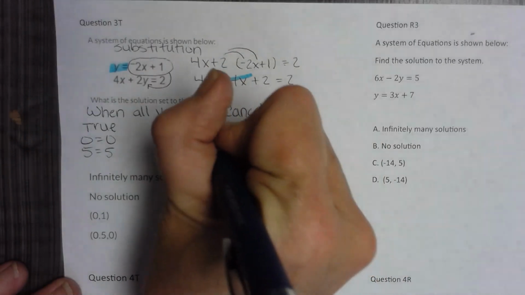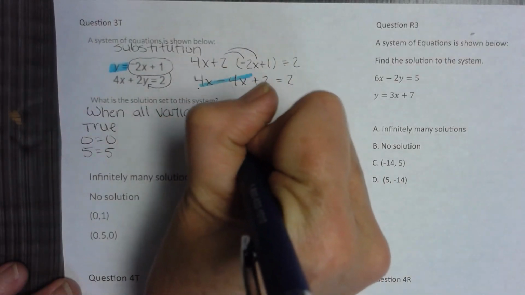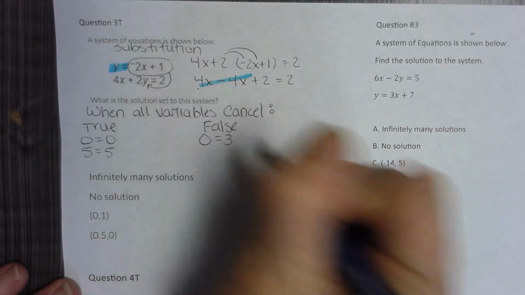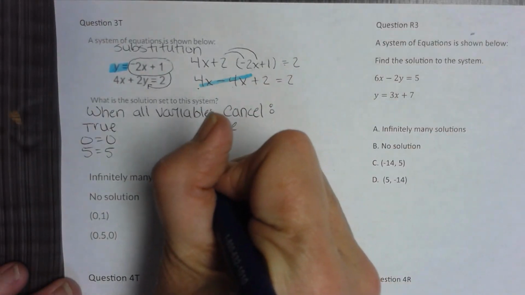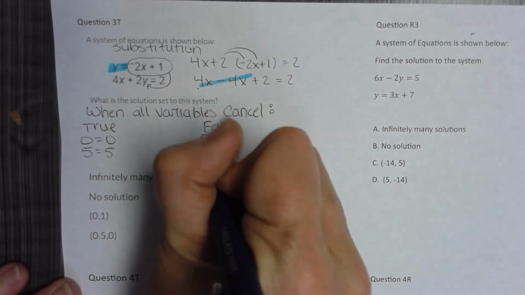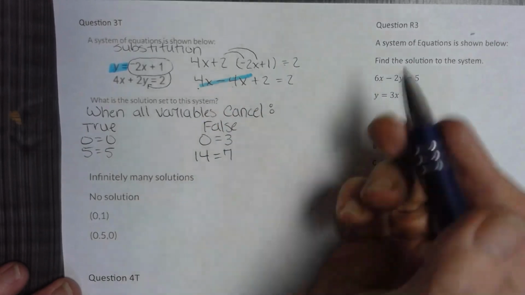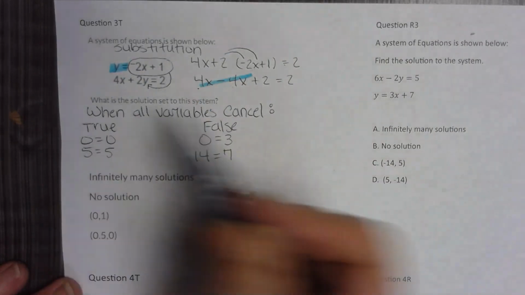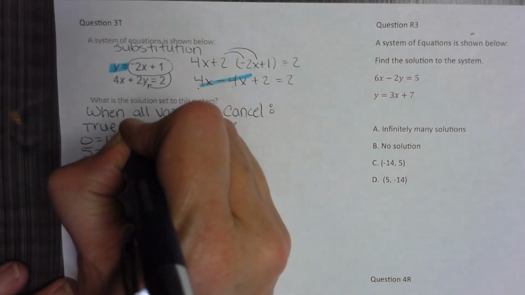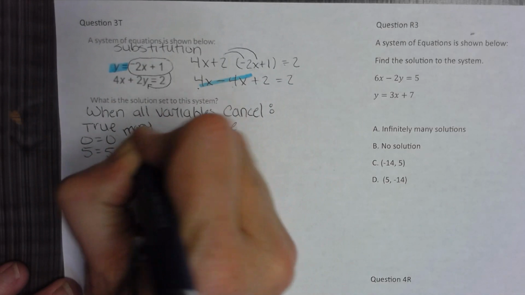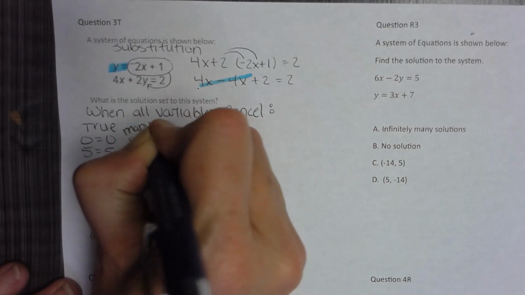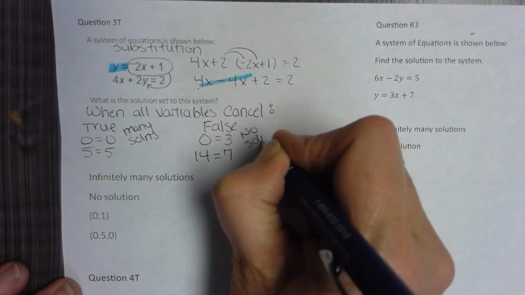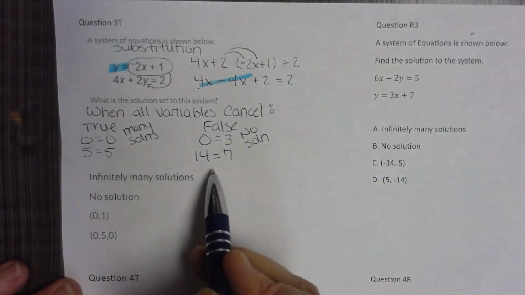We could also have the option of winding up with a false statement like 0 equals 3, or something like 14 equals 7. Okay, these are false statements. All my variables are gone. Well, if it's a true statement, that's many solutions. If it's a false statement, that's no solution. So those are your two options.